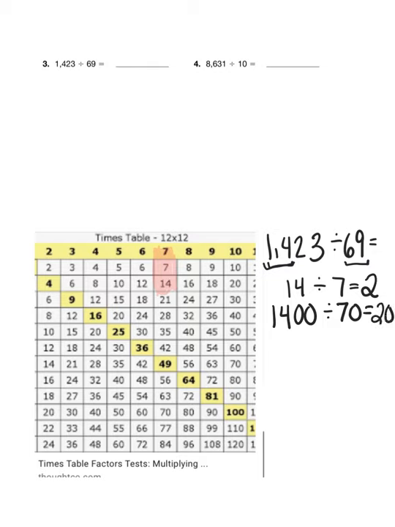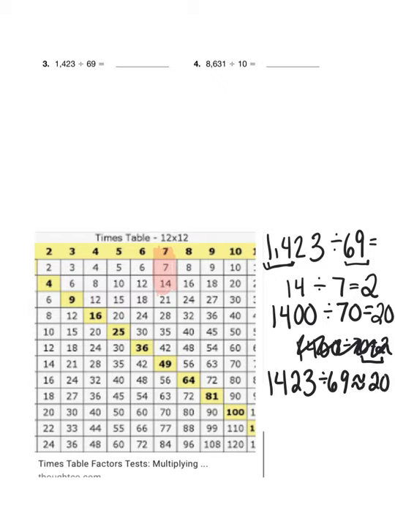So that's going to be 20, because if I say it's just 2, well, 2 times 70 is only 140, and that's not big enough. Okay, so now I know that 1,400 divided by 70 is 20, which means that 1,423 divided by 69 is going to be close to 20.